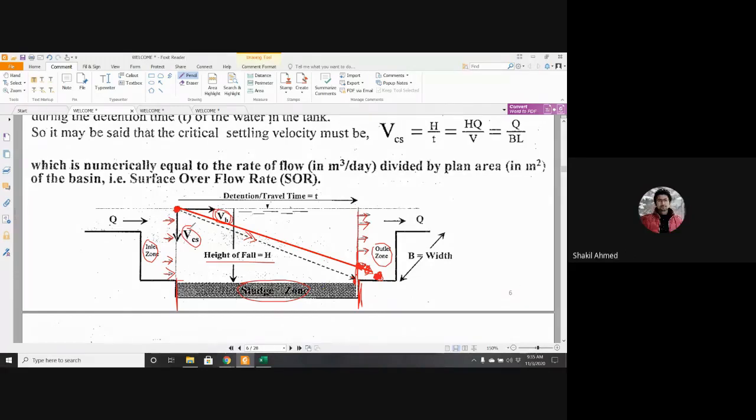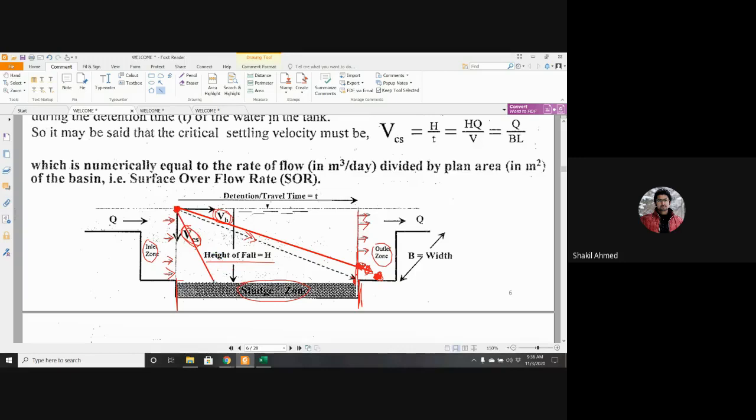So therefore, it's always expected that Vs is larger. If Vs is larger, it will be shifted toward here, here, here, anywhere. We don't care.